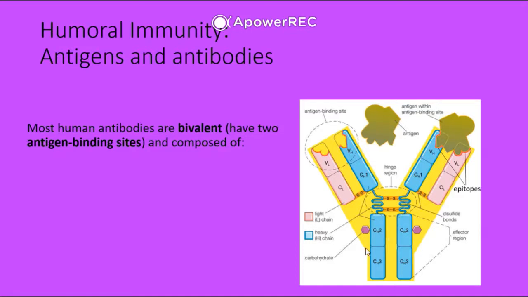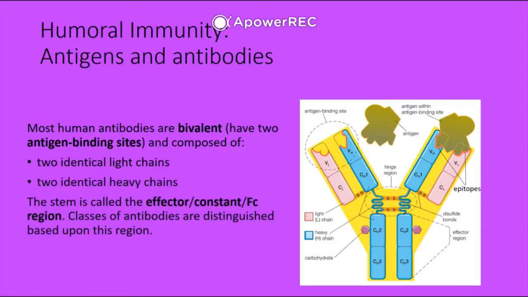And down here at the stem, there are two identical light chains on either side of the branch and two identical heavy chains. The stem is called the effector constant, or Fc region, and classes of antibodies are distinguished based upon this region. One other thing that you need to be familiar with is that the epitopes are identified here at the antigen binding site at the end.